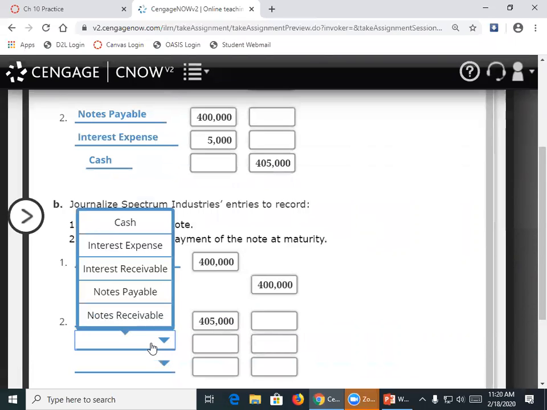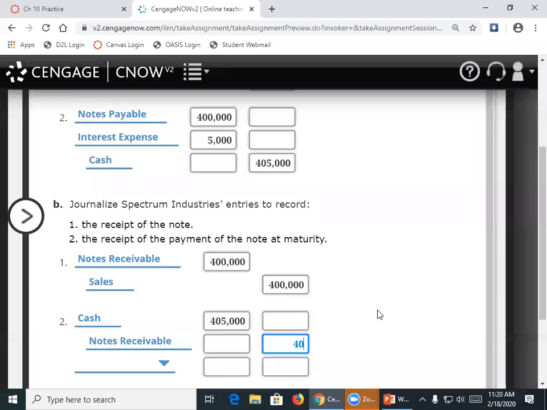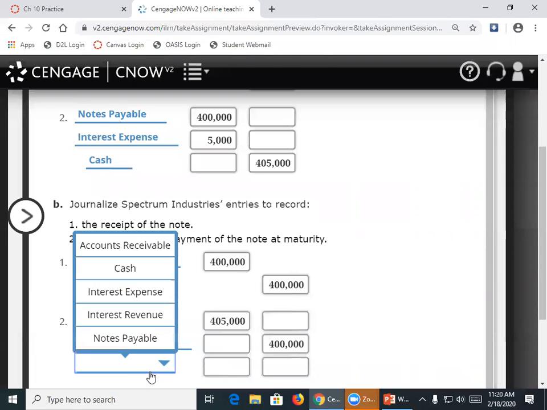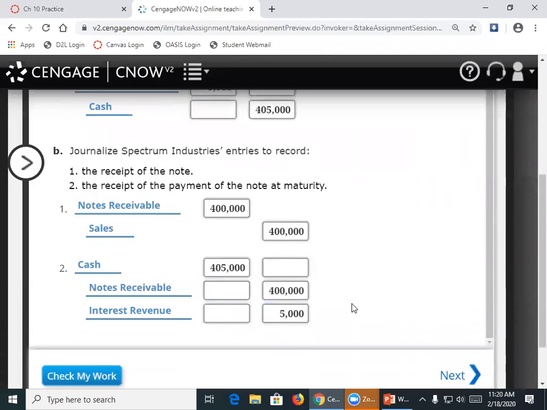Then notes receivable gets credited to clear off that face value of 400,000. And then interest revenue gets credited 5,000. So pretty much the reverse of the borrower side. Cash gets debited 405,000. Notes receivable credited 400,000. Interest revenue credited 5,000.